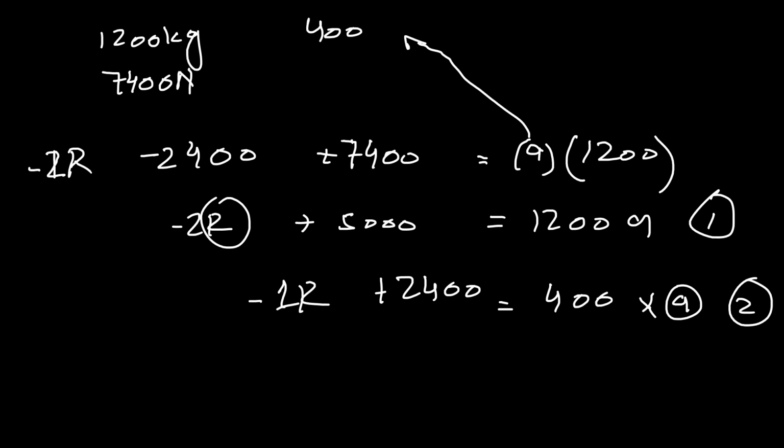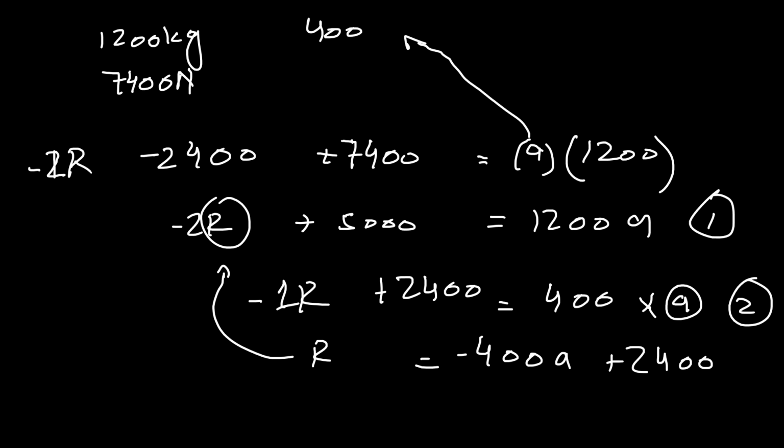So R is equal to 400A plus 2400. That'll be R, so we put the value of R here.